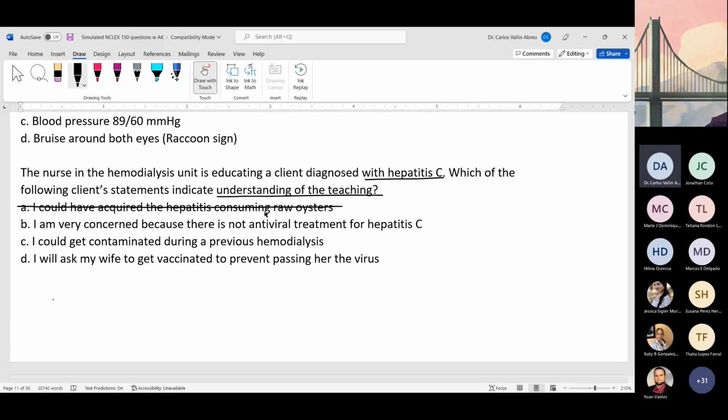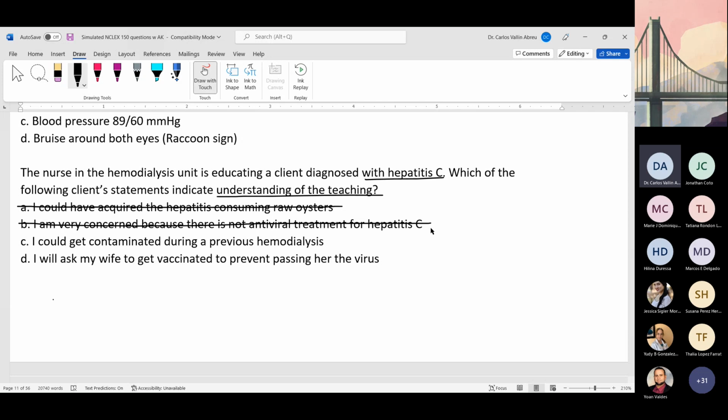Nowadays, we have something that didn't exist before, an effective, proven treatment that can cure clients with hepatitis C. So it's something that you need to incorporate, okay? There is treatment for hepatitis C.